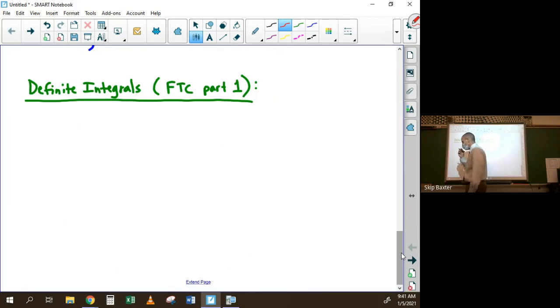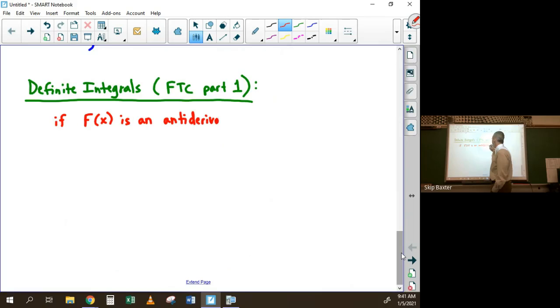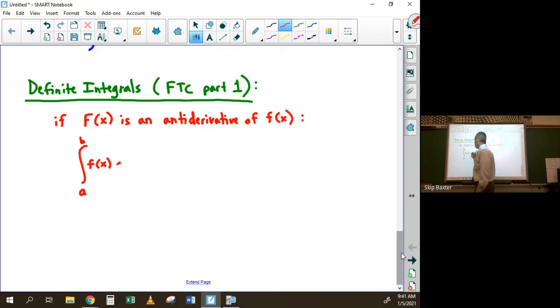So if you have something like, if capital F of x is an antiderivative of lowercase f of x, then the integral from a to b of f of x dx would be capital F of b minus capital F of a.